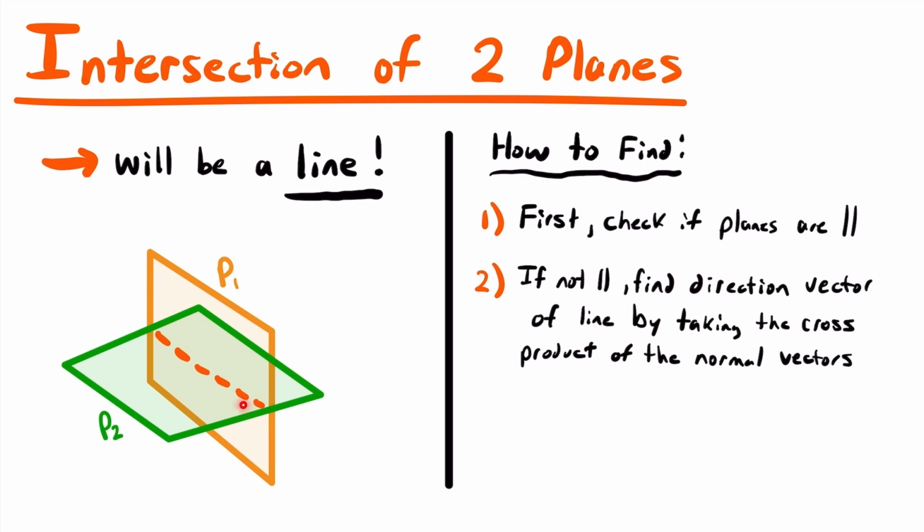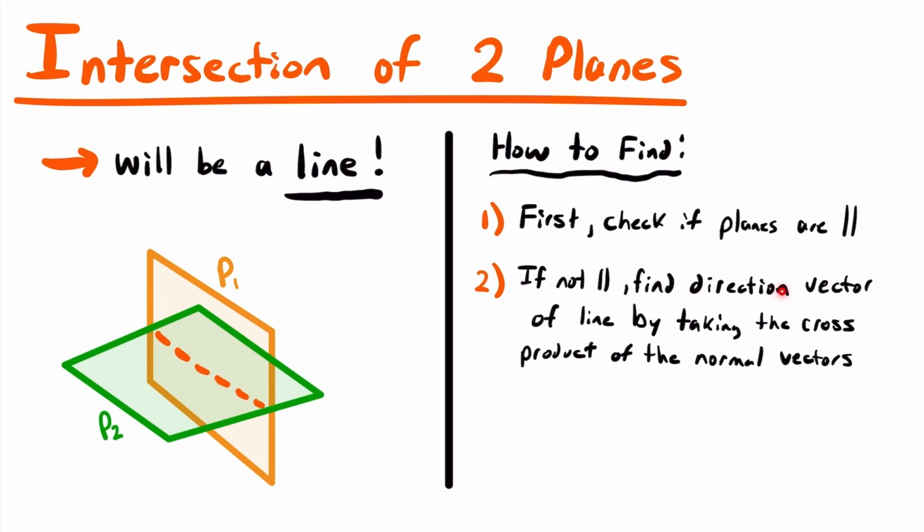If we want to find this line of intersection, what we're going to have to end up doing is creating either a symmetric equation or a set of parametric equations to represent that line in 3D. And so remember what two things you need in order to find a line in 3D. You need a point on that line, and you need a direction vector, a vector that is parallel to that line. And that direction vector is what this second step is helping us find.